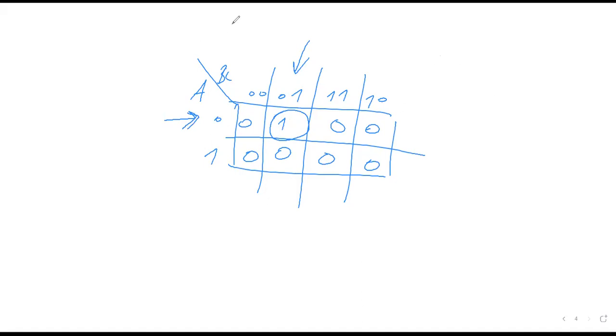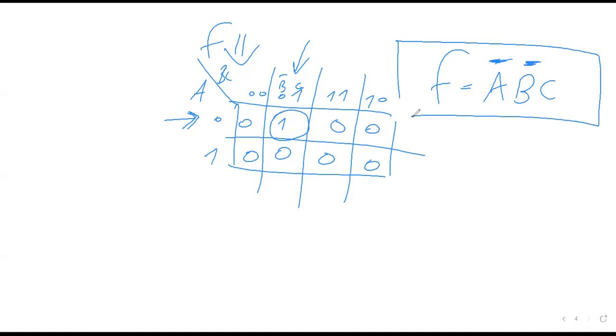So F is equal to A bar, because this is a 0, A is represented as a complement. Then here we have B bar C. This column doesn't change as well. So my F could be simplified into something like this.